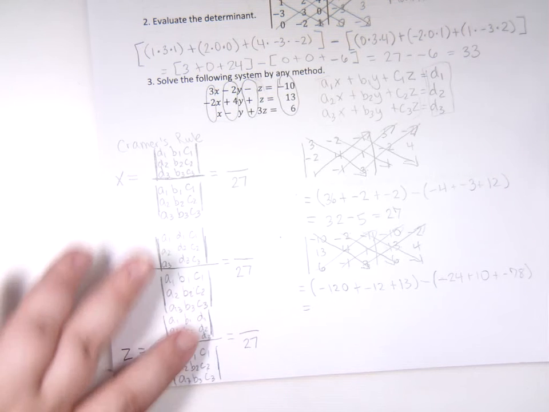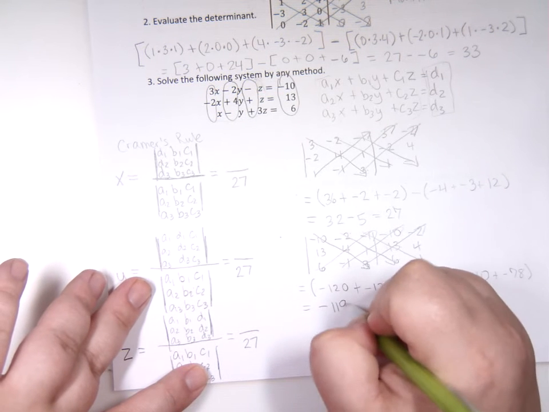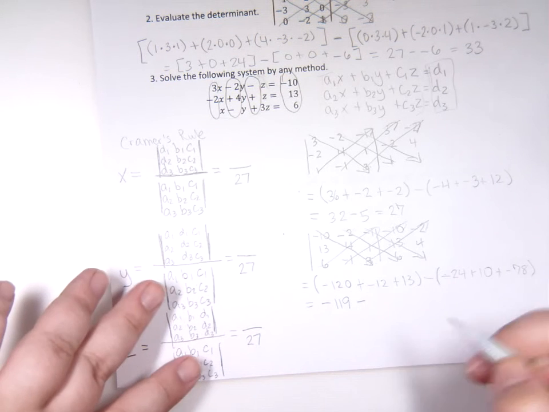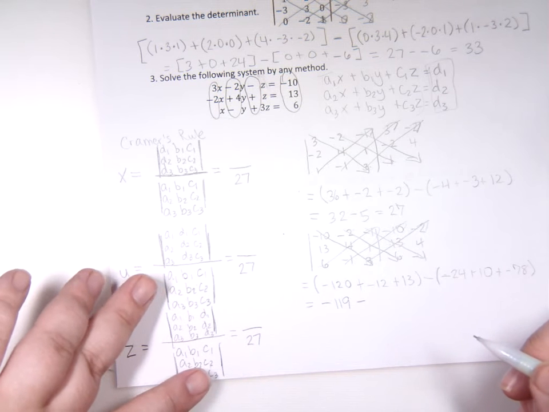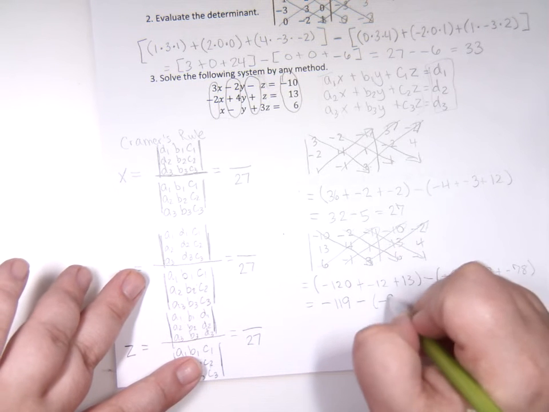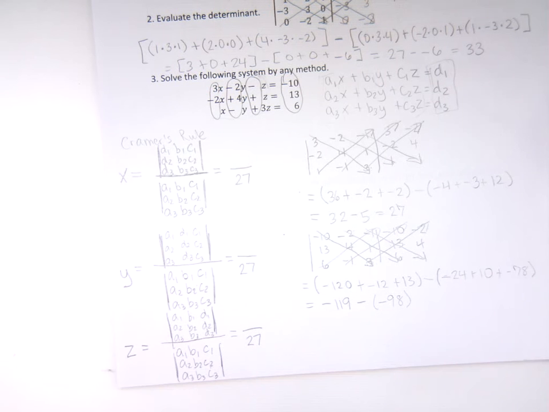We've got negative 119 minus negative 98. Hang on one second. I'm going to grab my calculator to just double check.